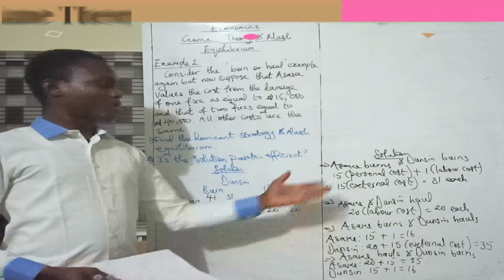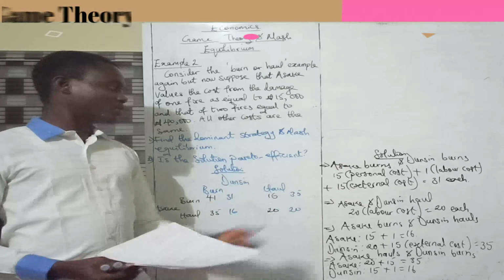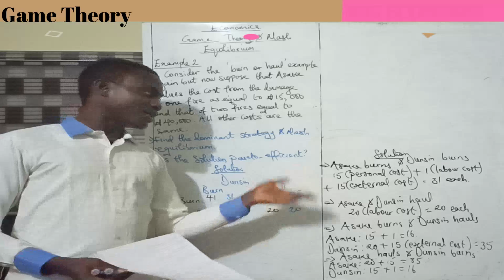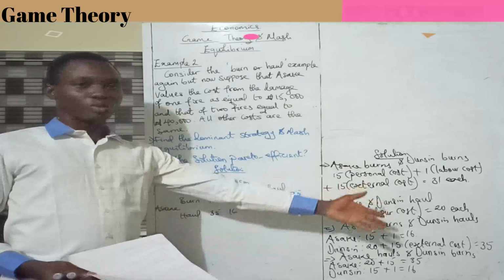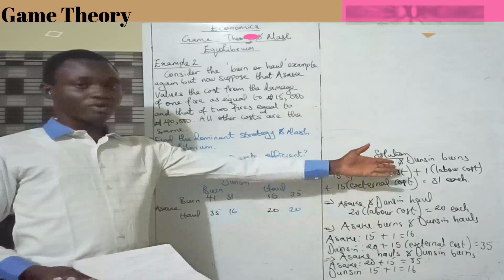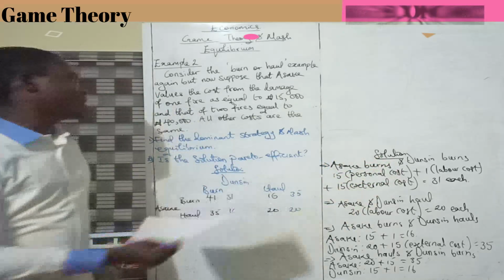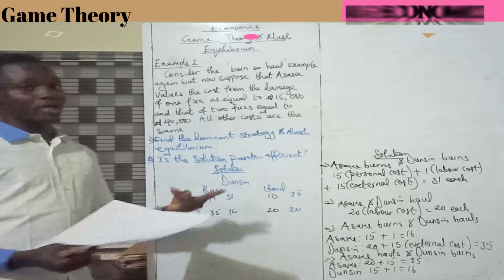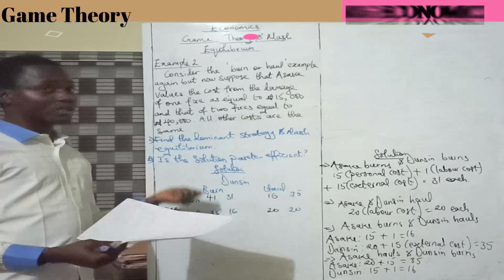Now, when the two of them burn, that's like two fires at the same time. Ashake's cost rose to 31, which was the same for Dunsin. But here, instead of 31, the question says the cost of two fires is now 40,000.